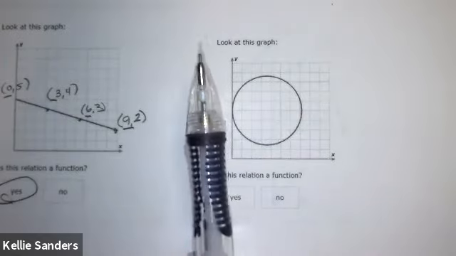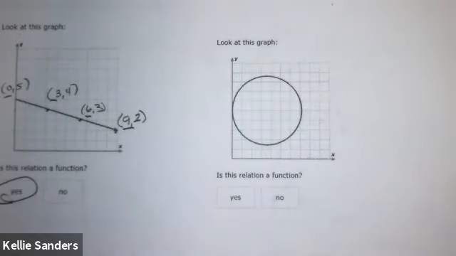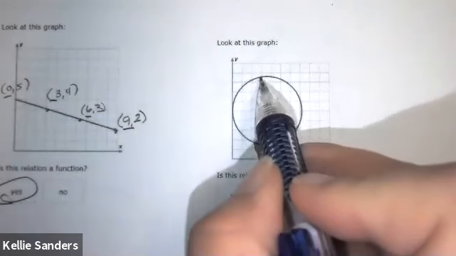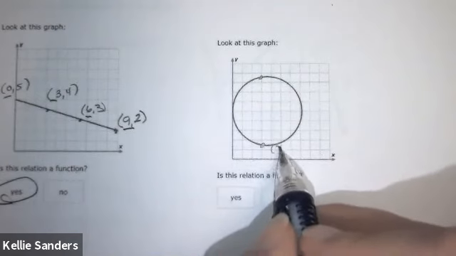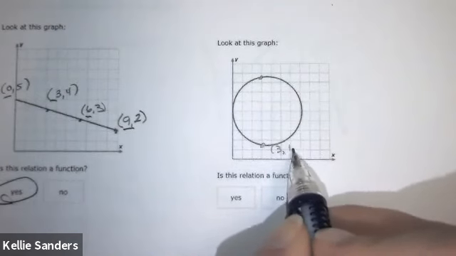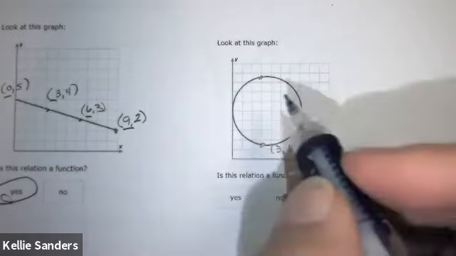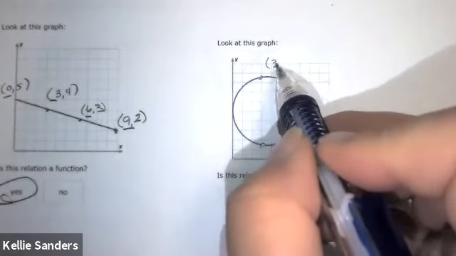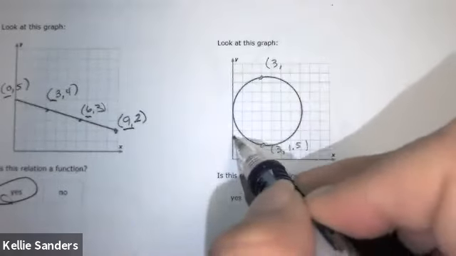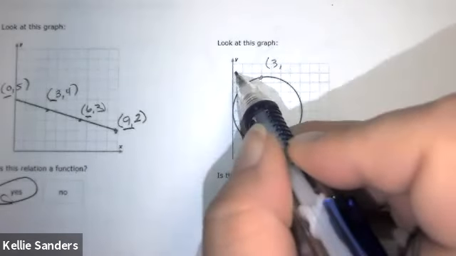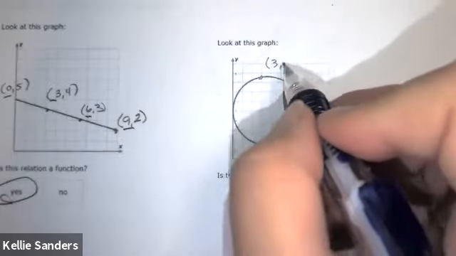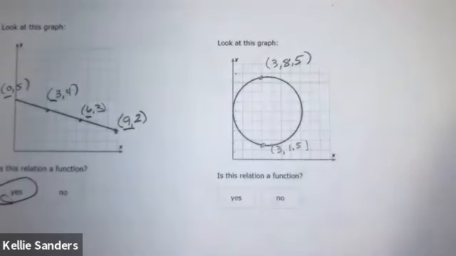But let's go to the circle. If we do the vertical line test, there's lots of places where it is not a function. Right here and right here. This would be at 3 and about 1.5, and this right here is at 3 and 8.5, just approximating those.